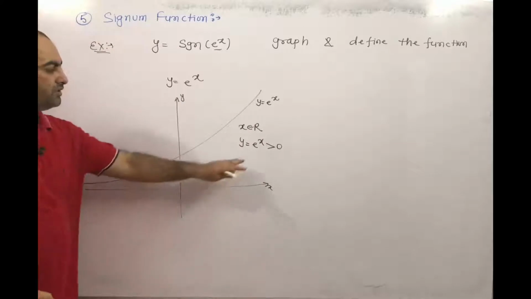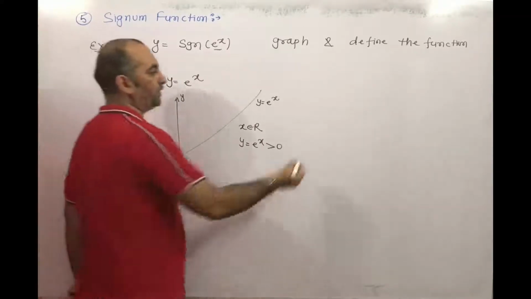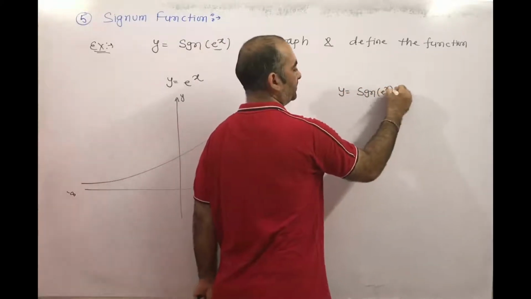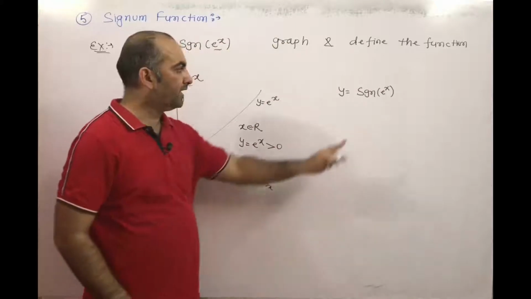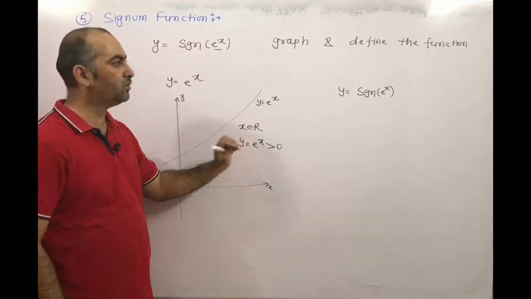So how to define this function y equal to signum of e power x? See, e power x is positive for x belongs to R. That means it is always positive.